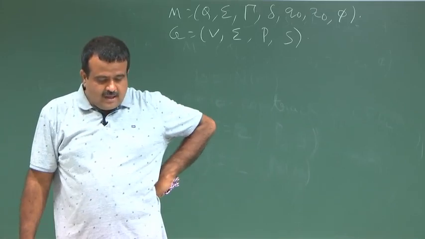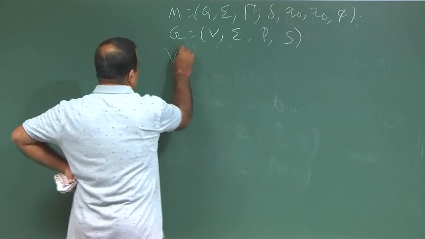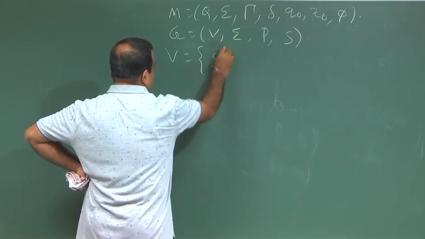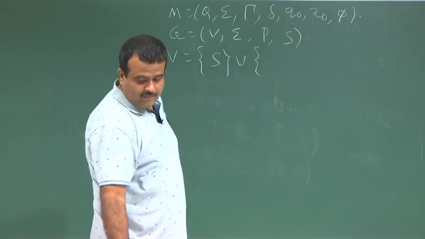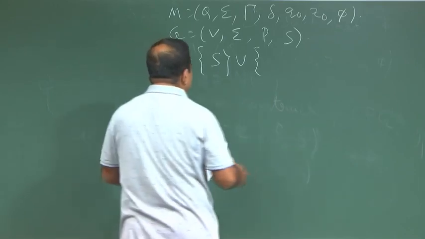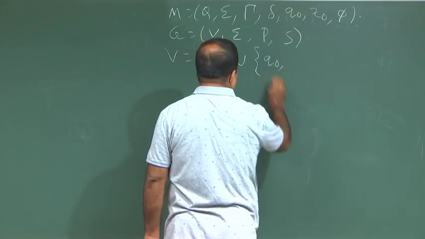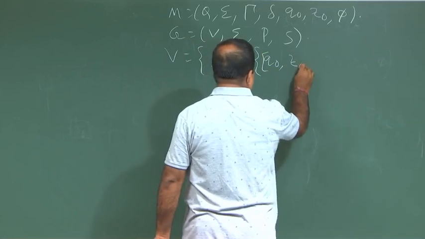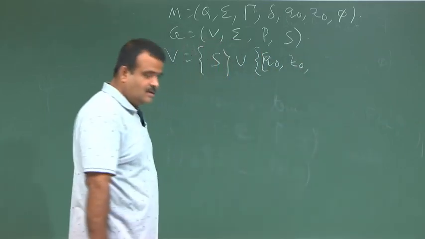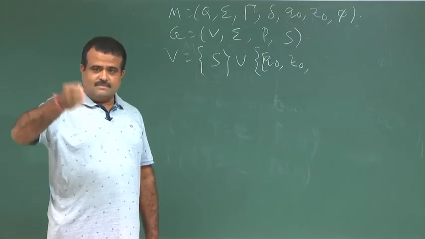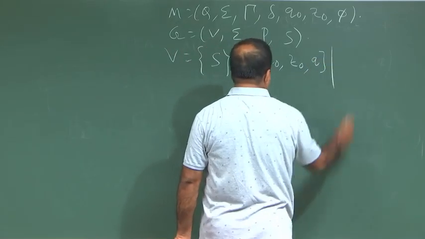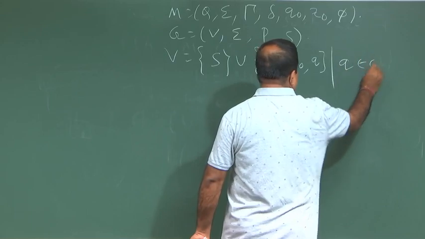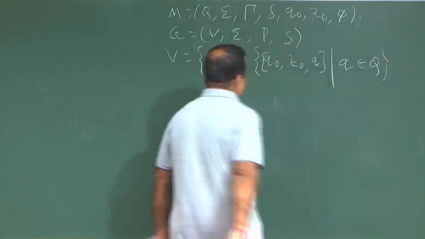Okay. Now, V consists of S along with 3-tuples like this, where Q 0 is the starting state, Z 0 is the starting stack symbol, and the Q, and this is for all Q belongs to V 0.